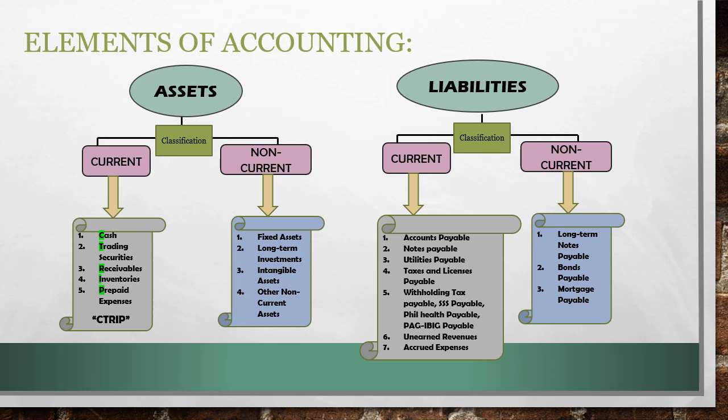So, tawag natin dyan C-trip. Okay, if the problem is silent, C-trip are current assets. So, mayroon tayong cash, trading securities, receivables, inventories, and prepaid expenses.